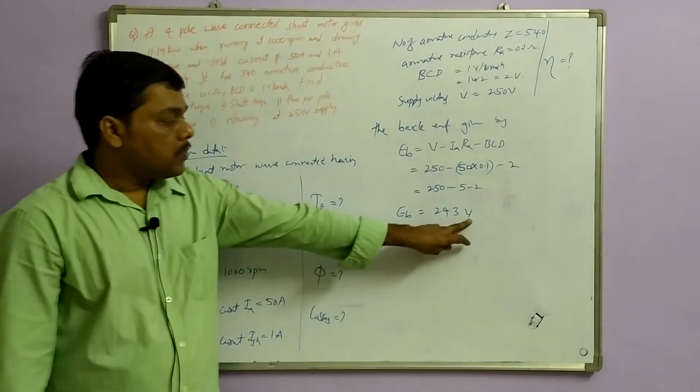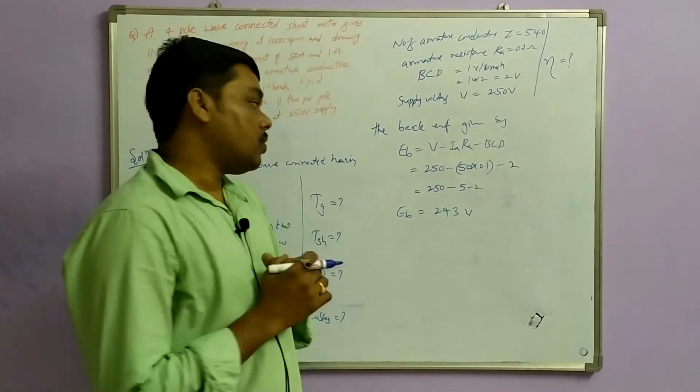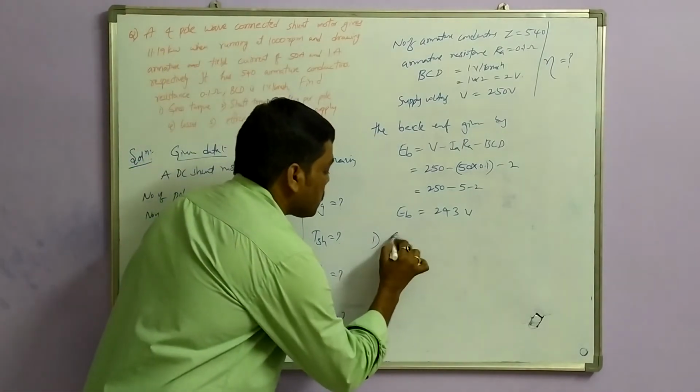Now the back EMF is calculated. How do we calculate the gross torque?